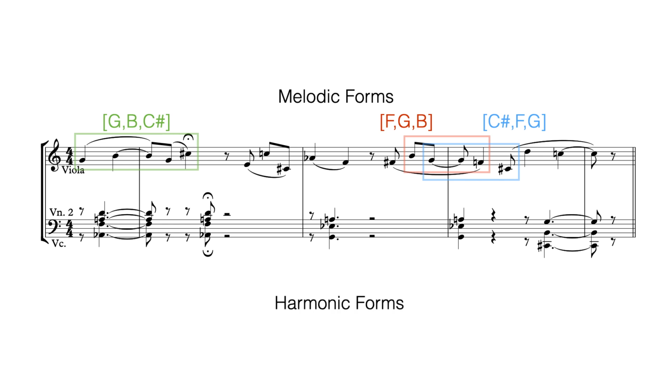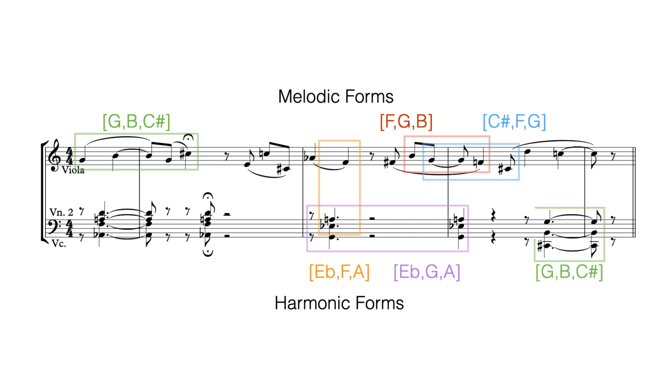The harmonic forms are a new form in measure 2 that combines the melodic F with the upper 2 notes of the chord, the second of the three accompanying chords, and the third and final accompanying chord.